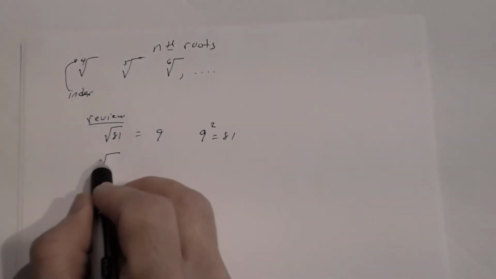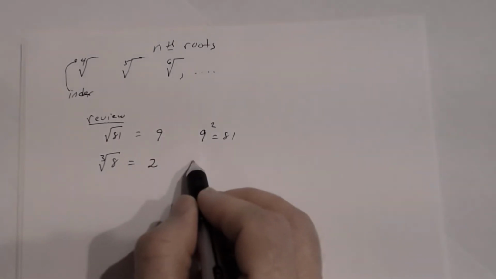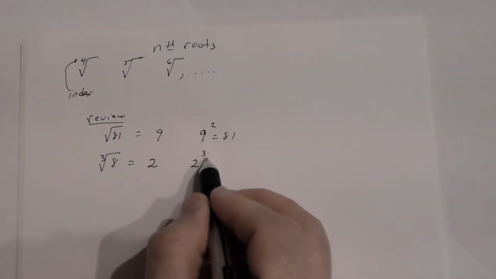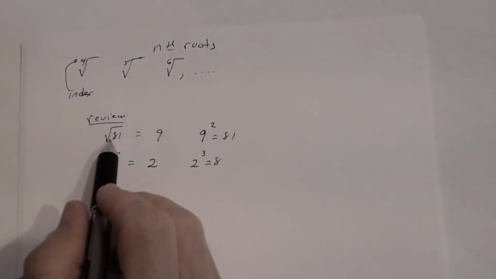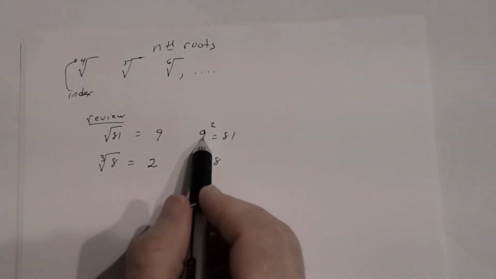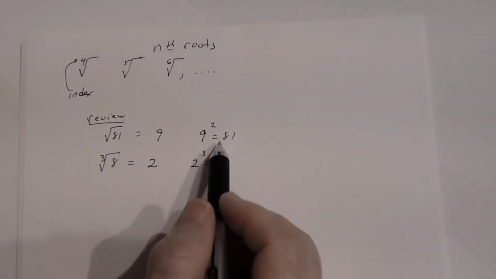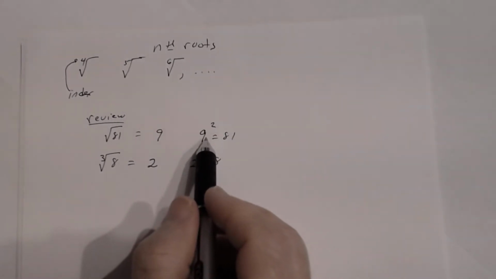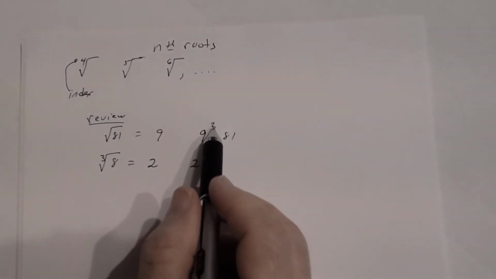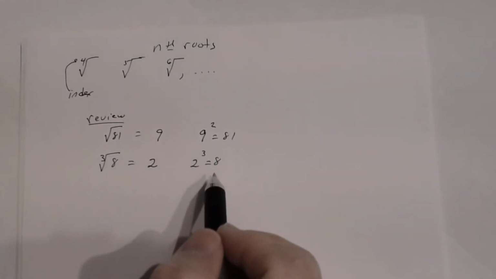The cube root of 8 is equal to 2 because 2 cubed is equal to the radicand, which is 8. So when I am squaring 9 and I say that's equal to 81, then the reverse would be the square root of 81 is 9. The reverse operation of squaring is square root. The reverse operation of cubing is cube root.